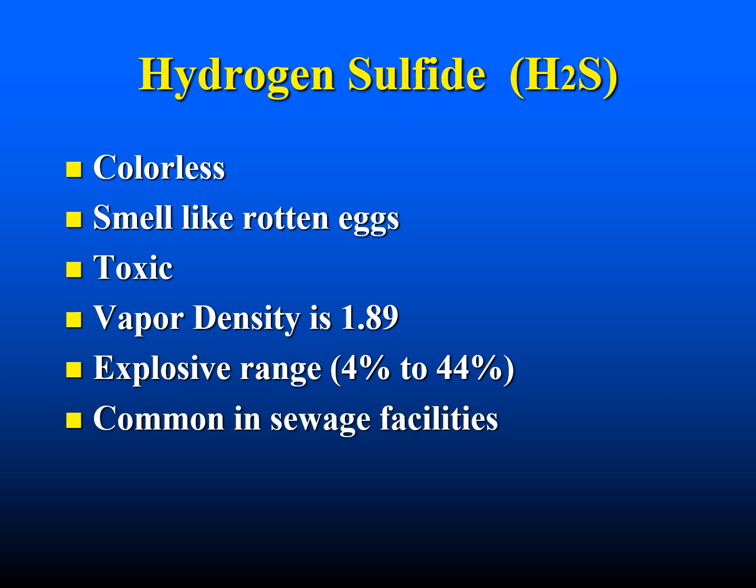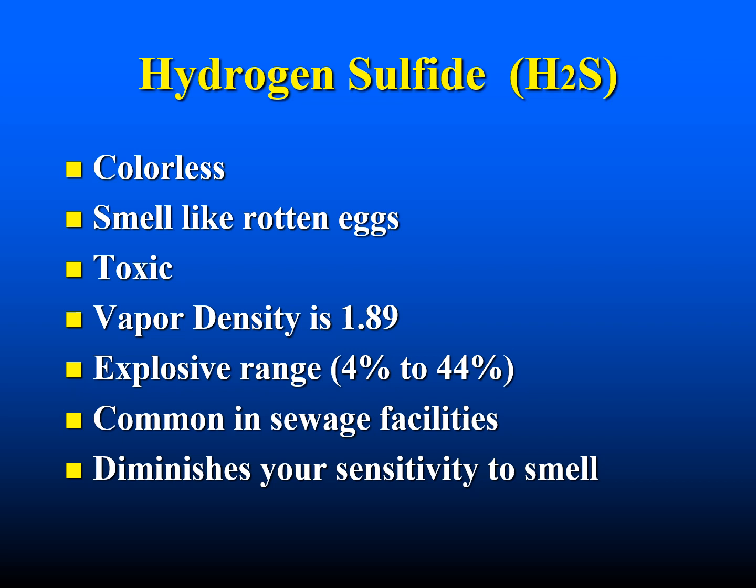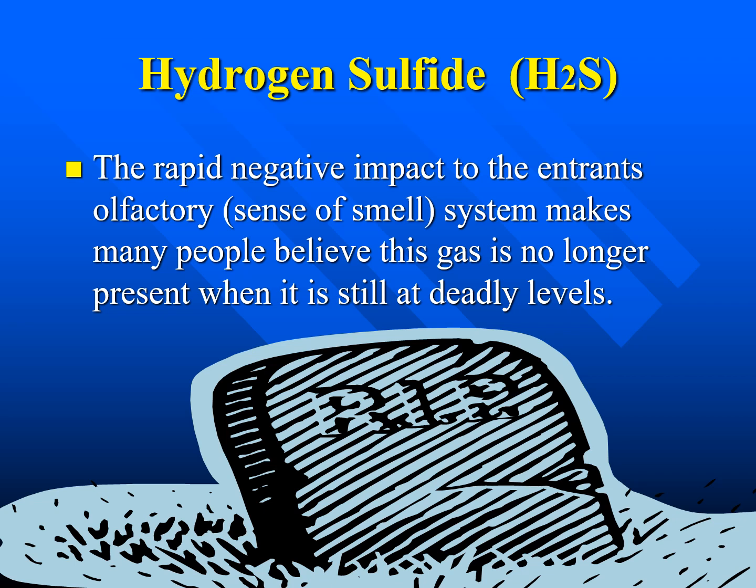It's common in sewage facilities, and it diminishes your sensitivity to smell. The rapid negative impact on the olfactory system, which is your sense of smell, makes many people believe this gas is no longer present, when in fact it is still at deadly levels.